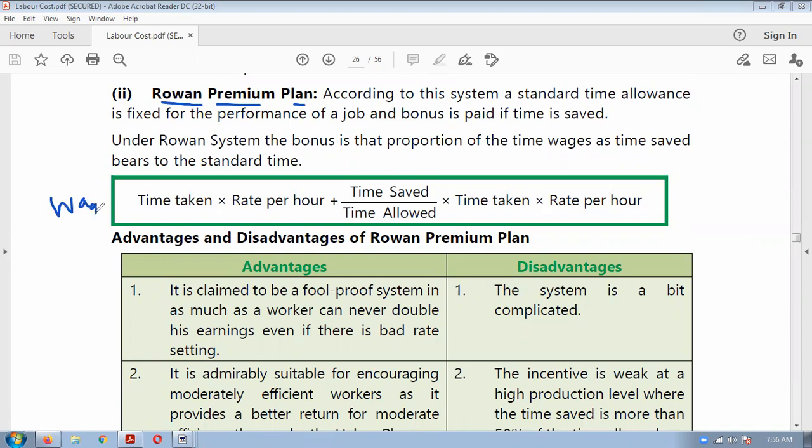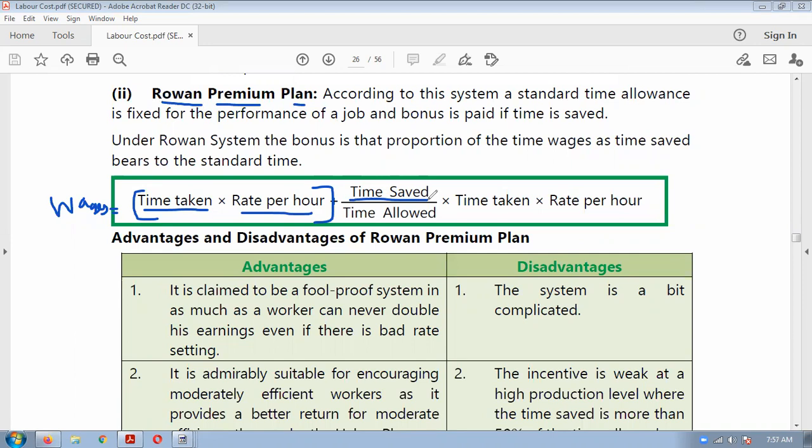In the Rowan plan, wages of a worker will be equal to time taken for that work into rate per hour. So this is the basic component: how many hours a worker is taking to complete the work and what is the rate per hour. Then we have to add the time saved by that worker. Again, time saved means time allowed minus time taken.